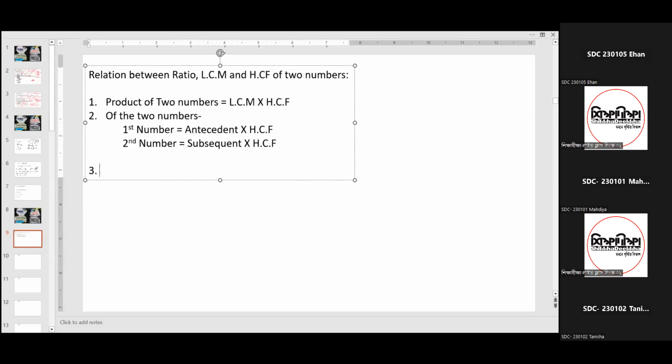So the third thing, the third law, if we go for the third one: LCM is equal to the antecedent multiplied by the subsequent multiplied by the HCF, right?